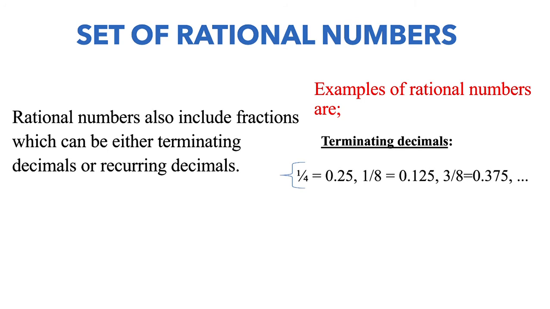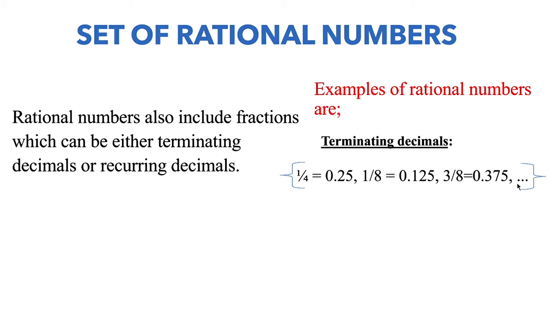For instance, we have 1/4. It gives 0.25. This is called a terminating decimal because it does not recur. Again, we have 1/8, which is 0.125. As you can see, it ends. So these are examples of terminating decimals, for example 1/4, 1/8, and 3/8, and so on and so forth.